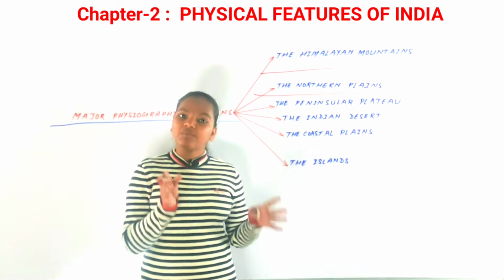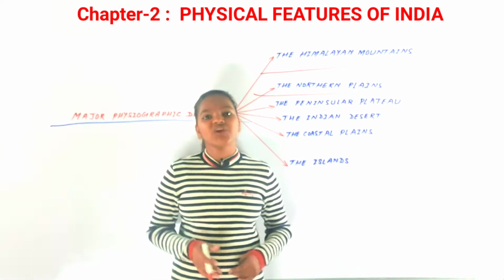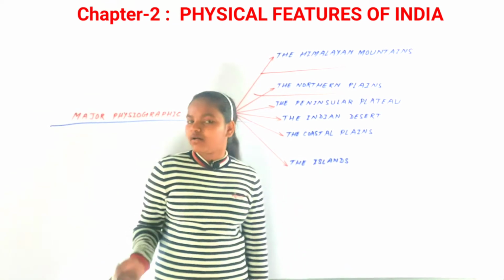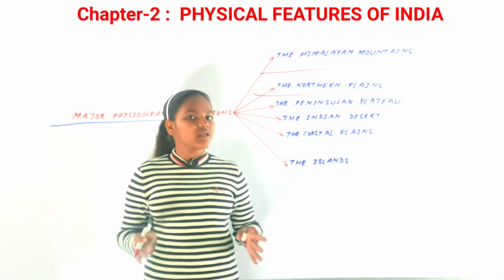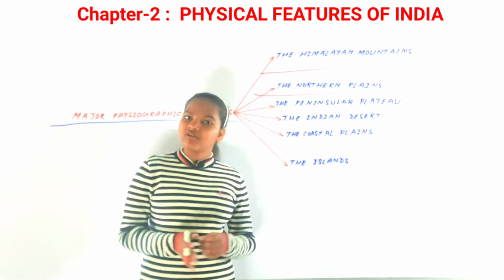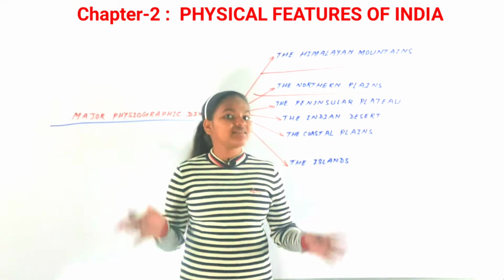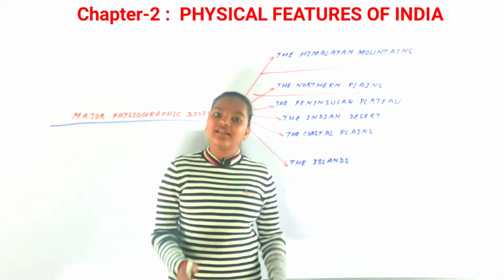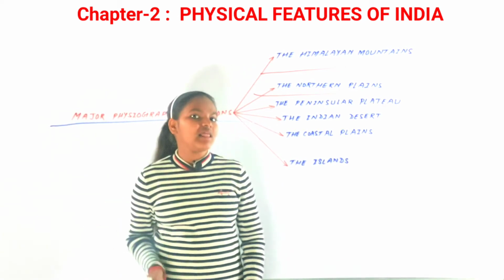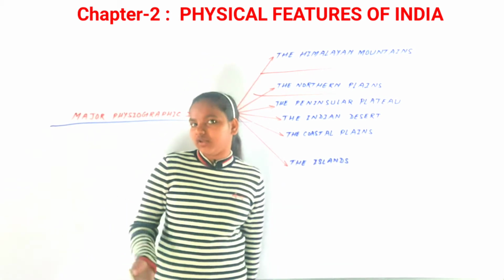In the northern plains, Punjab and Haryana, these two states, have a very good production, and UP as well, of crops and food grains. This is because the northern plains are so fertile, and there is adequate availability of water as well, and that's why it has become a very productive part of our country.